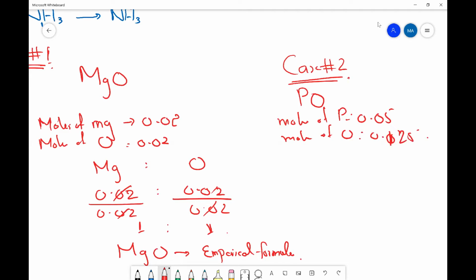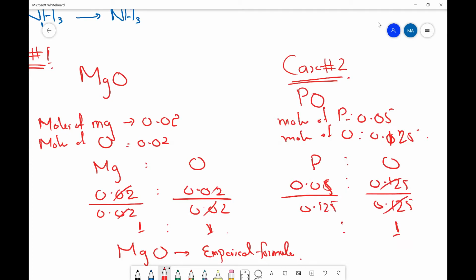So now you can again write P ratio O. P is 0.05. Oxygen is 0.125. You're going to pick the smallest one, 0.05, and divide both sides by it. Dividing 0.125 by it, you get 2.5 here.